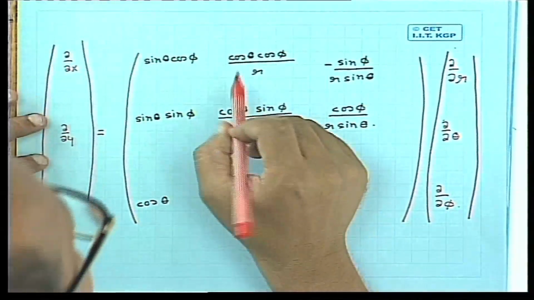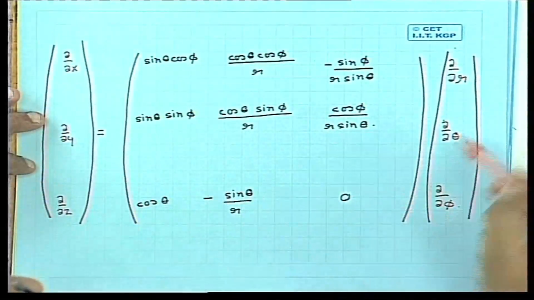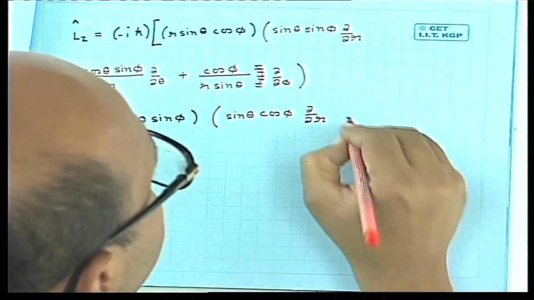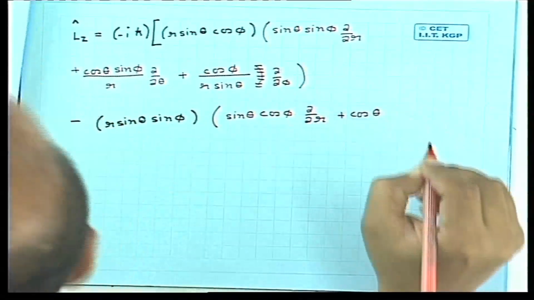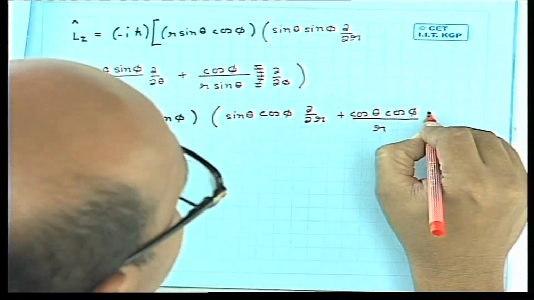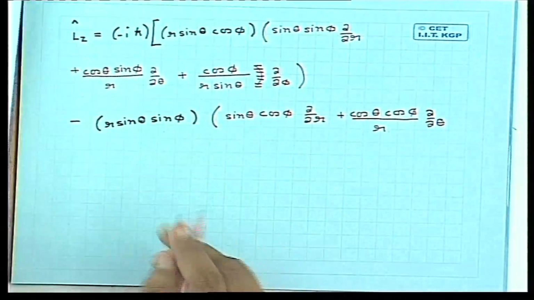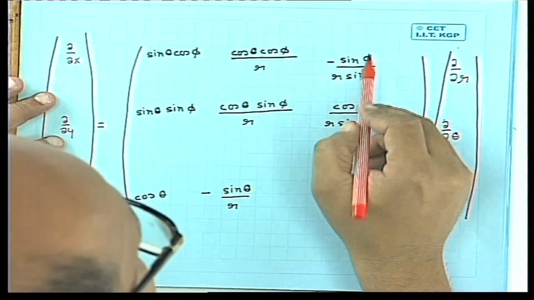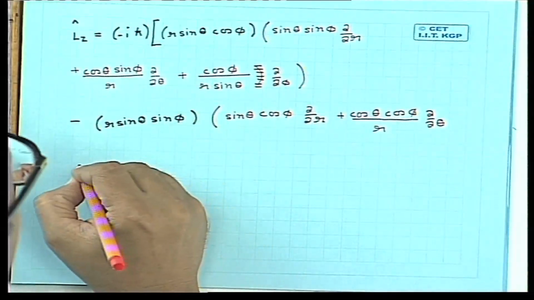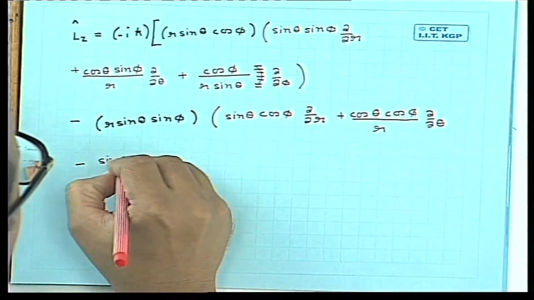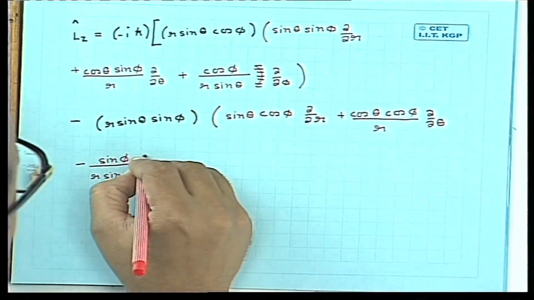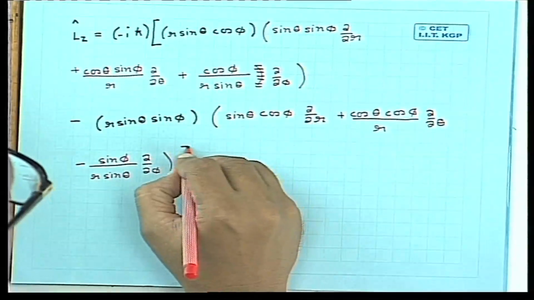The second term is plus cos theta cos phi by r del by del theta, and then we have the third term, which is minus sin phi by r sin theta into del by del phi.